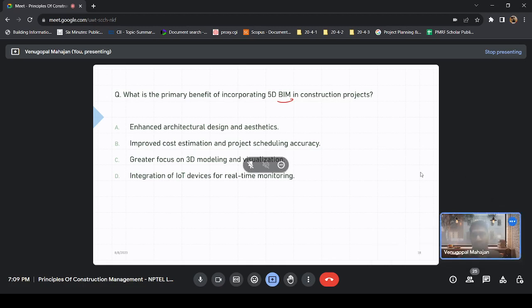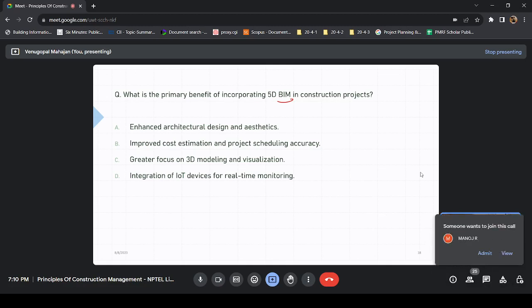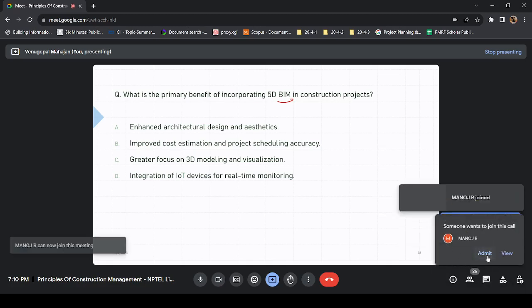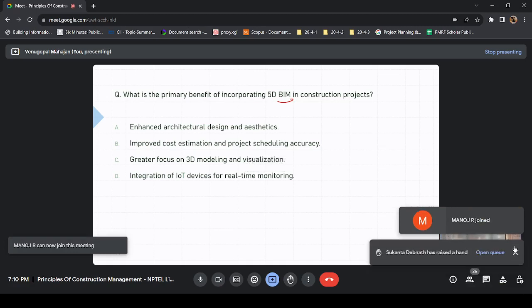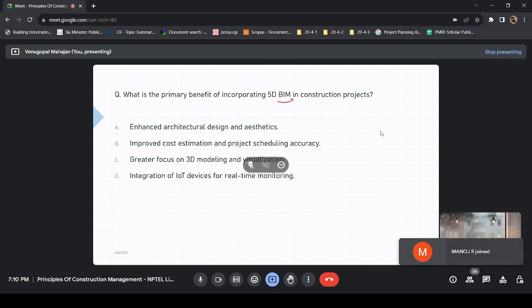C is also correct. I have got a couple of raised hands of people not familiar with BIM.